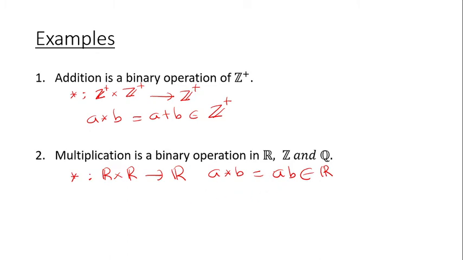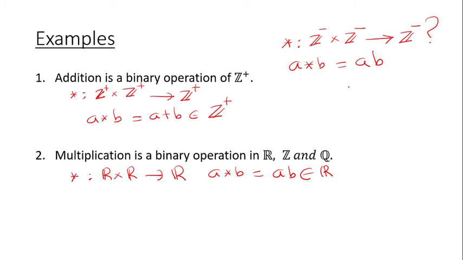Let's consider an example which is not a binary operation. Let's define star on the set of negative integers, and my operation is multiplication.